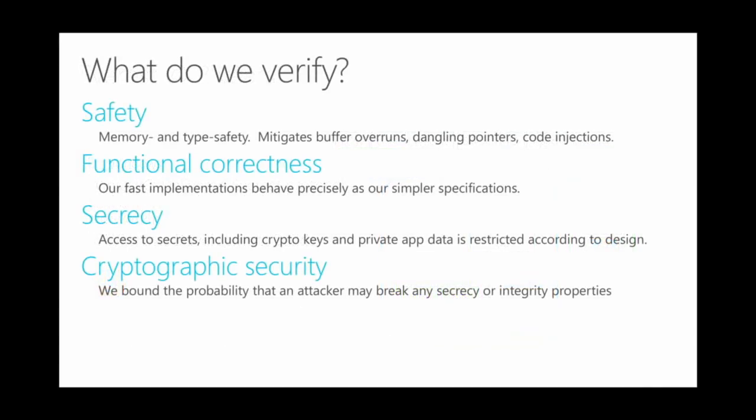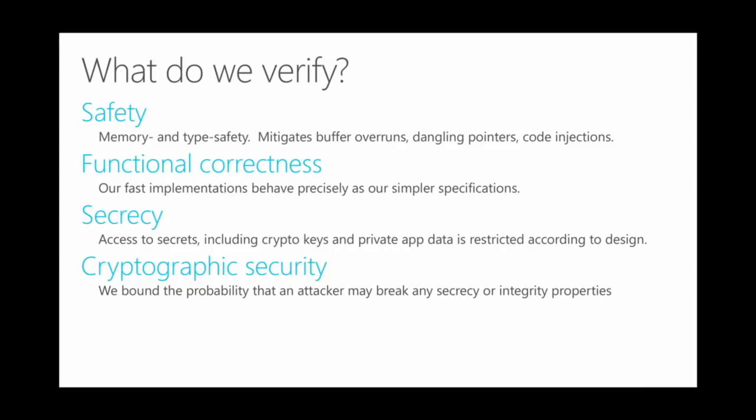So, when talking about verification, there's always a question of, well, what do you actually verify? As a baseline for all this kind of work, we verify safety. Without memory safety, you can't really get very far in proving anything further. That's the baseline level of abstraction that you need to prove. So we prove safety for all our code.